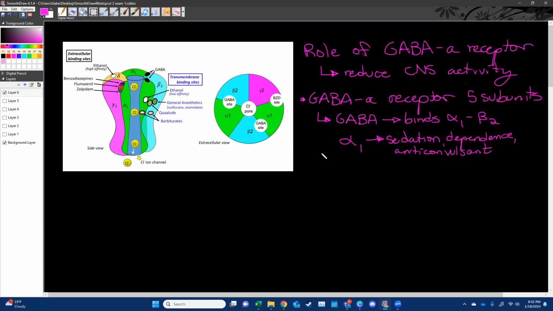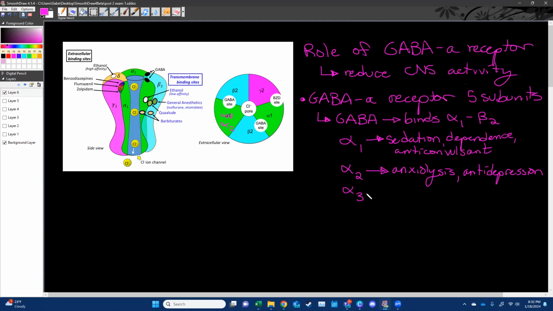If, however, your drug is more apt to bind between the alpha 2 subunit and beta 2, so instead of alpha 1 it says alpha 2, then instead of sedation you're getting more anxiolysis and antidepressant effects. So again, you're still depressing the brain activity, but you're getting less and less.